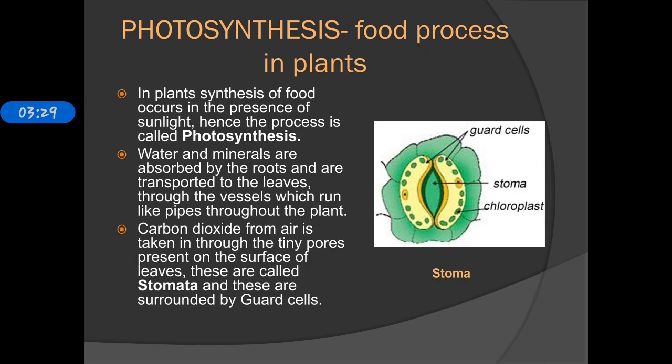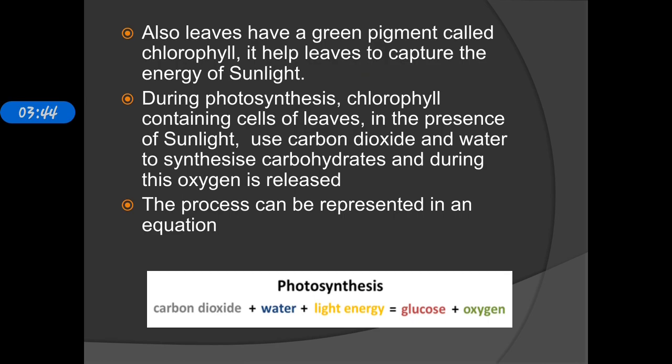See here in the picture, there is a tiny opening in the center through which carbon dioxide is taken into the leaf, and guard cells are surrounding that pore. Also, leaves have a green pigment called chlorophyll. It helps leaves to capture the energy of sunlight.